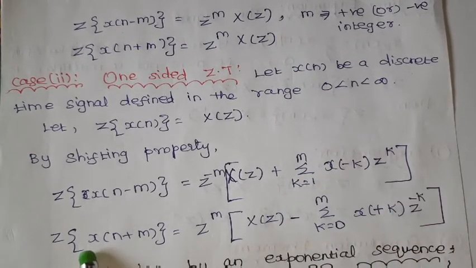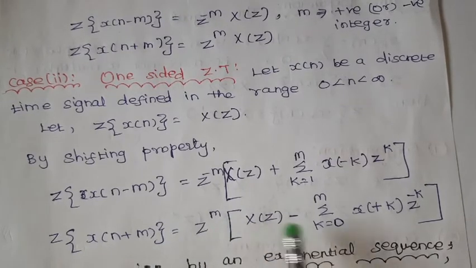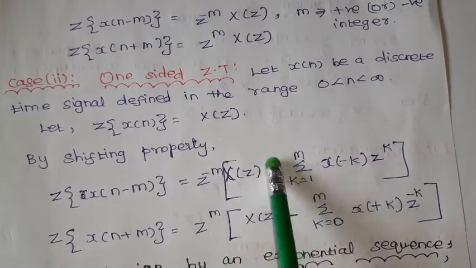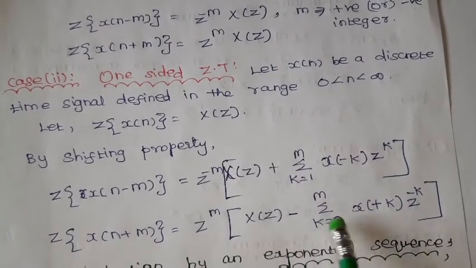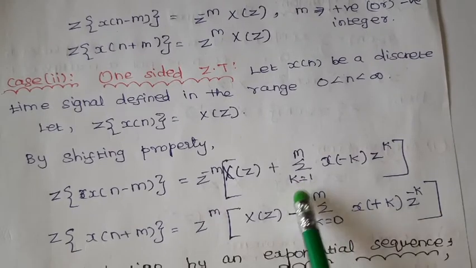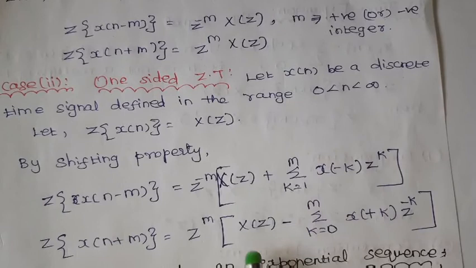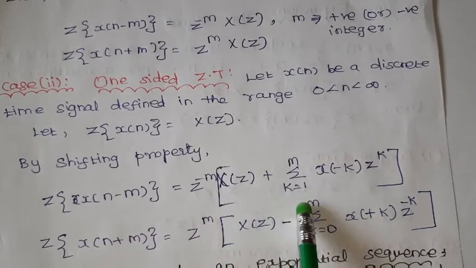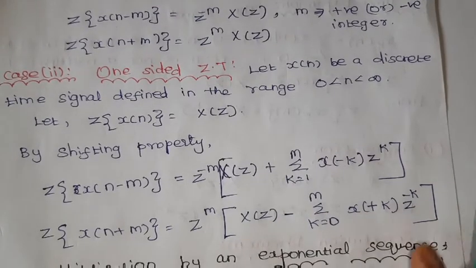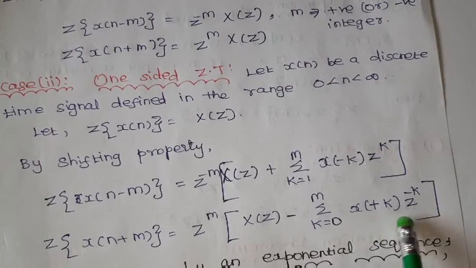Similarly, the Z transform of x of n plus m is equal to Z power m into X of z minus summation k equal to 0 to m minus 1 of x of k into Z power minus k.